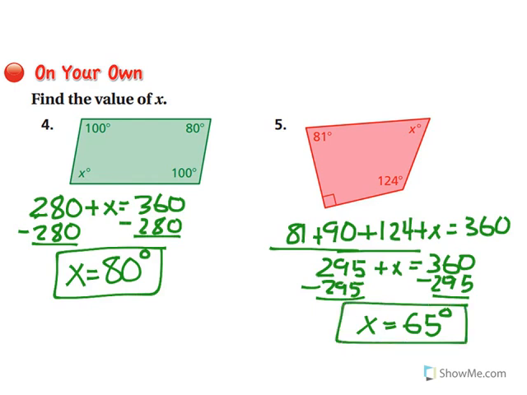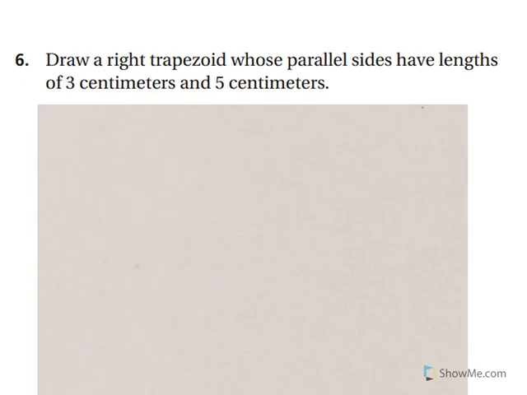All right, let's move on to our very last problem, and we will finish this off. It said, draw a right trapezoid whose parallel sides have lengths of 3 centimeters and 5 centimeters. For this, you're going to start off by drawing your straight line. And then what I did was I drew my right angle, and then I went ahead and had another right angle.